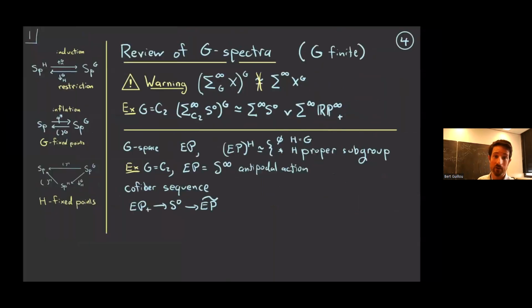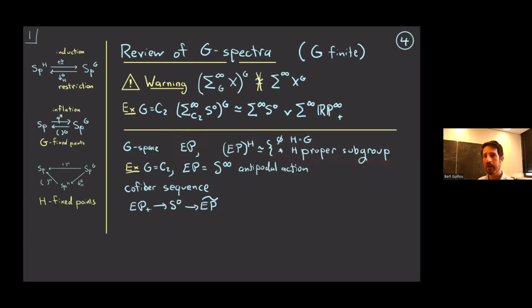Now, there is a sort of fix to that. There's a different version of fixed points which does have the property that we might expect. And so to introduce that, let's first consider a G space. This is called E tilde P. The P here stands for proper subgroups. This is a G space with the property that if you think about the fixed points for various subgroups, it's empty if we look at the fixed points for the whole group, but it's contractible if we look at the fixed points for any proper subgroup.